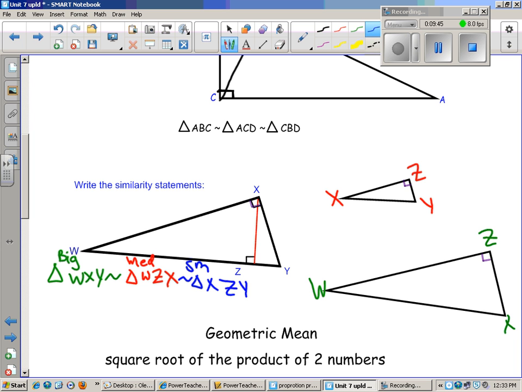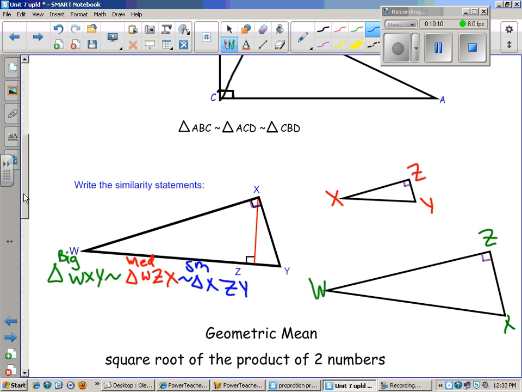Okay, I need to go down the long leg, turn at the right angle and go the short leg. Or I have to go across the hypotenuse and then up the short leg, or however you chose to write them. Because remember, when we write similar triangles, you could start at any letter you want. You didn't have to start at W. You could have started at X, or you could have started at Y, right? You just have to be consistent with all three triangles.